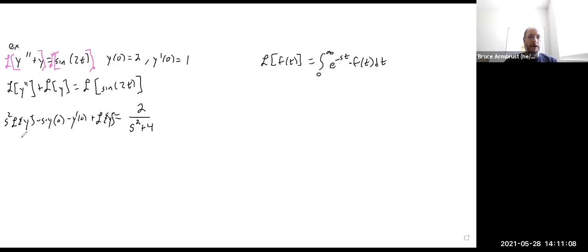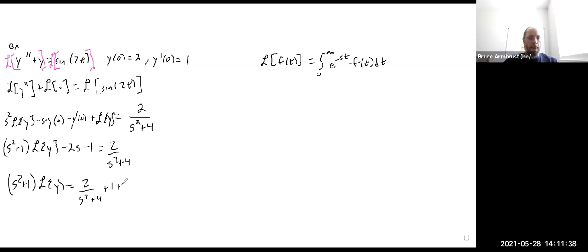So let me put in my numbers here. So we're going to get s squared plus 1 times the Laplace transform of y. I just group those. Minus 2s minus 1 equals 2 over s squared plus 4. So I'm going to solve this for the Laplace transform of y. So I'll add 1 and 2s to the other side. And then I'm going to divide by s squared plus 1.